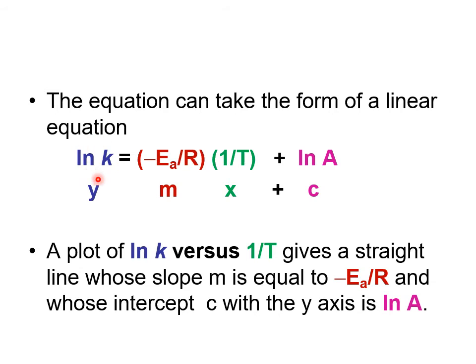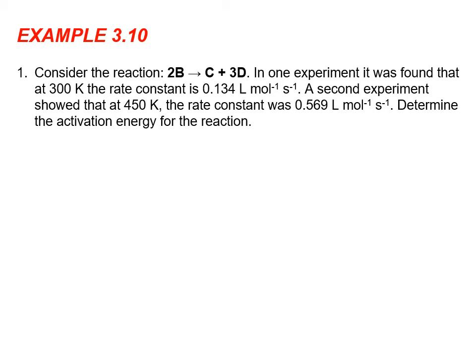As you can see here, ln k represents the y, the slope m is negative Ea over R, x is 1 over T, and the y-intercept is ln A. So a plot of ln k versus 1/T gives a straight line whose slope m is equal to negative Ea, the activation energy, over R, and the y-intercept would be ln A. The question on the straight line graph is provided in the tutorial part of the chapter, and the empty graph paper is also provided at the end of the question.